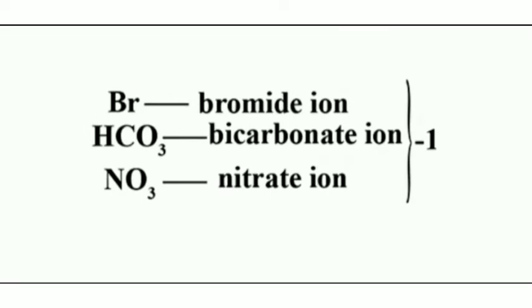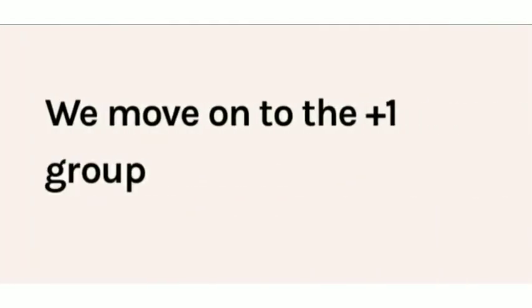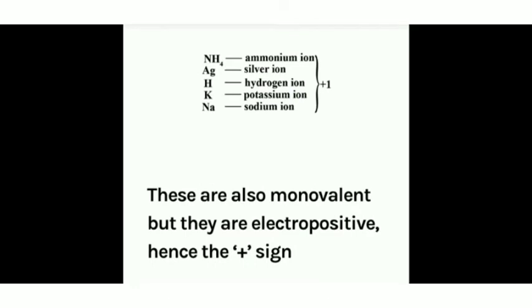Also bromide ion, bicarbonate ion and nitrate ion. We move on to the +1 group. NH4 ammonium ion, Ag silver ion, H hydrogen ion, K potassium ion, Na sodium ion. These are also monovalent but they are electropositive, hence the plus sign.